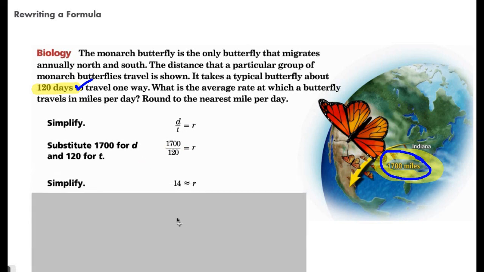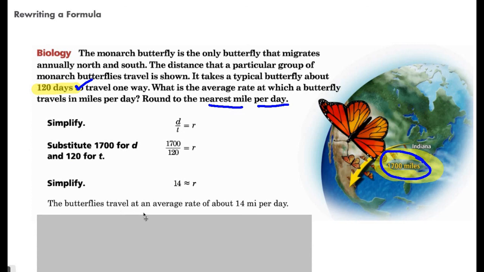Okay, we plug that in the calculator, and we're going to round off to the nearest mile because that's what they ask us to do. So if we round to the nearest mile, the rate r is going to be approximately, remember these little lines mean approximately, 14, so that was rounded off. And to conclude, the butterflies travel at an average rate of about, again, estimated 14 miles per day. And that would be our answer.